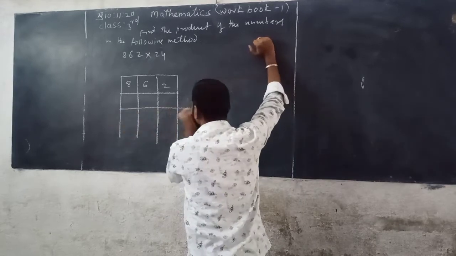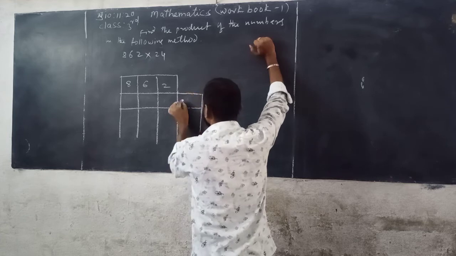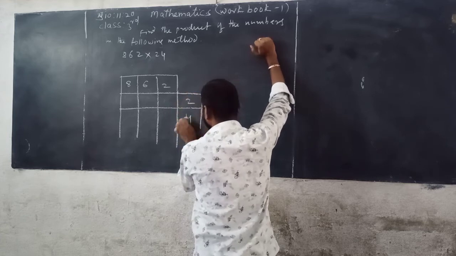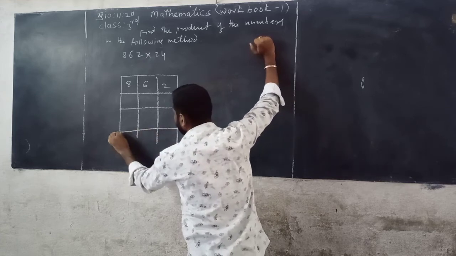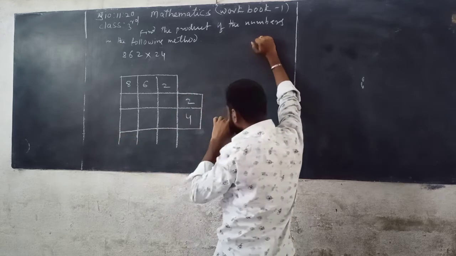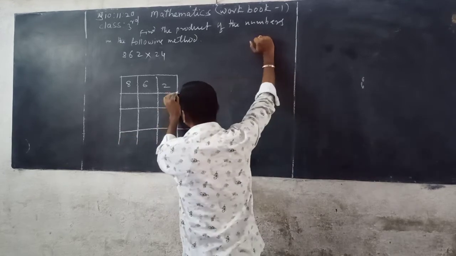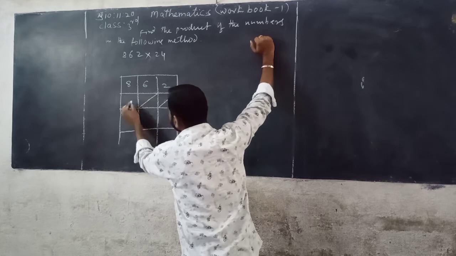Then you can write it here 2, here 4. Now draw the diagonal for each cell, means each box.